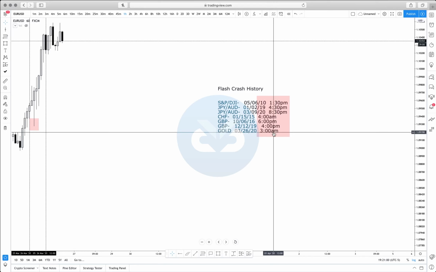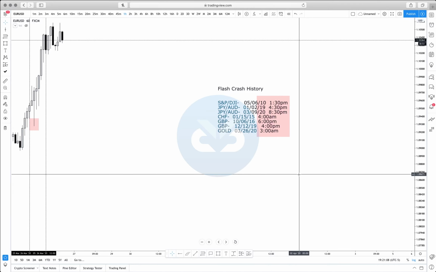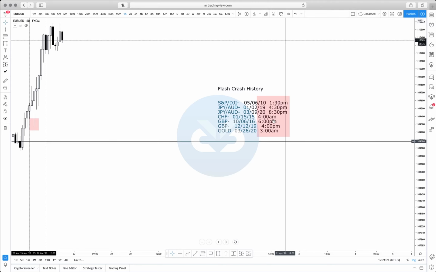So no flash crash would have quote-unquote raped my account, because none of these happened during my session. And you might ask me, what if you're in a trade and it happens after your trading hours and you're holding a swing trade? Well, more than likely, my stop loss is going to be at break even or in profit. So this really wouldn't affect me.